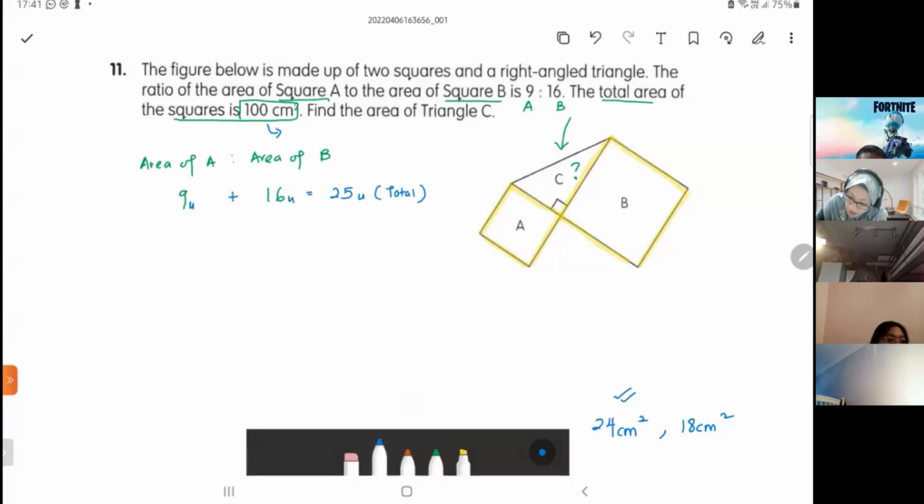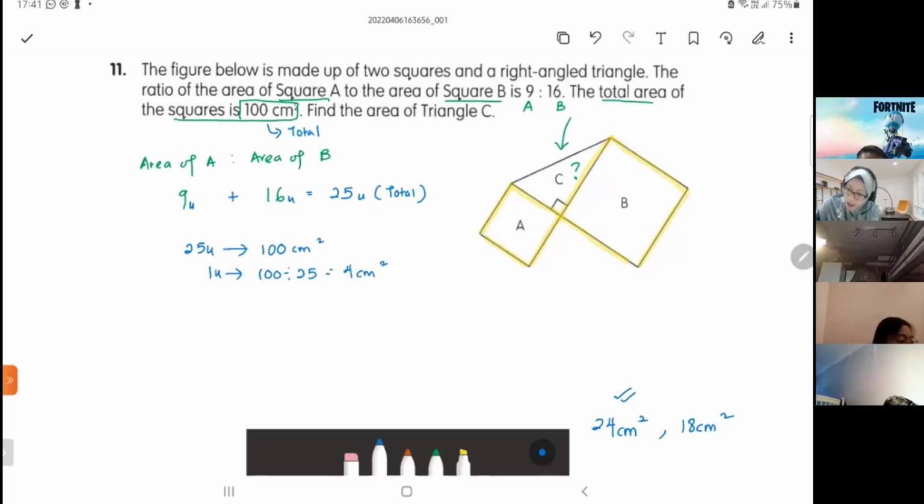This is my total as well. So 25 units is represented by 100 cm squared. You want to find your 1 unit. That will be 100 divided by 25 equals 4 cm squared.